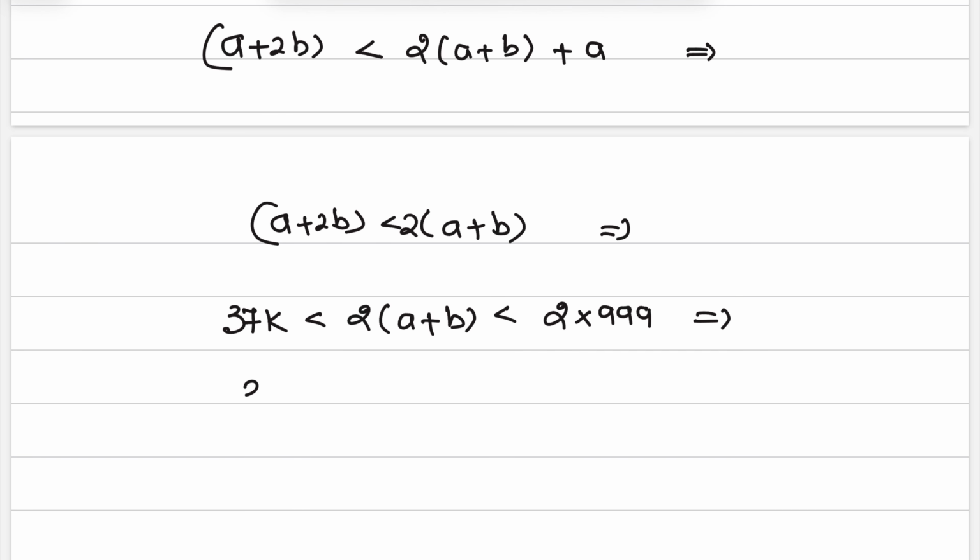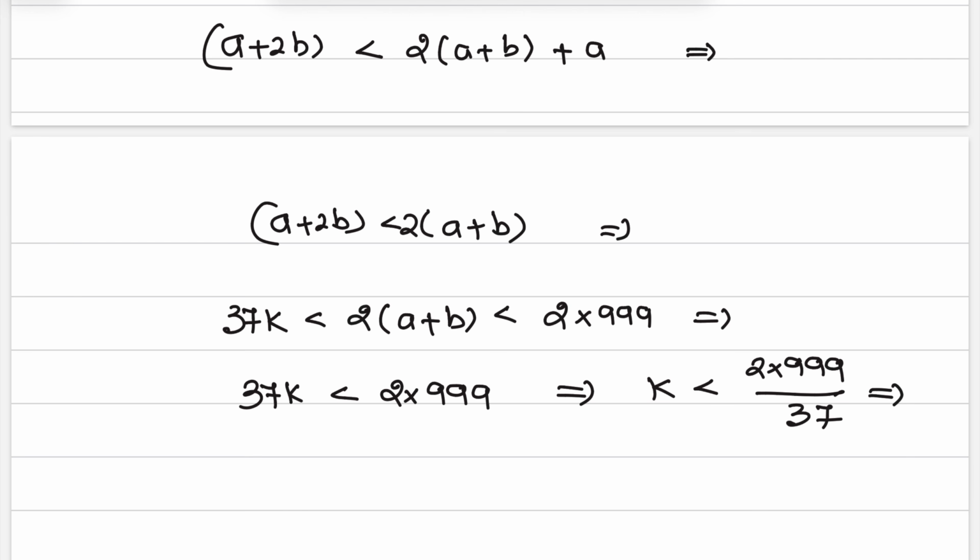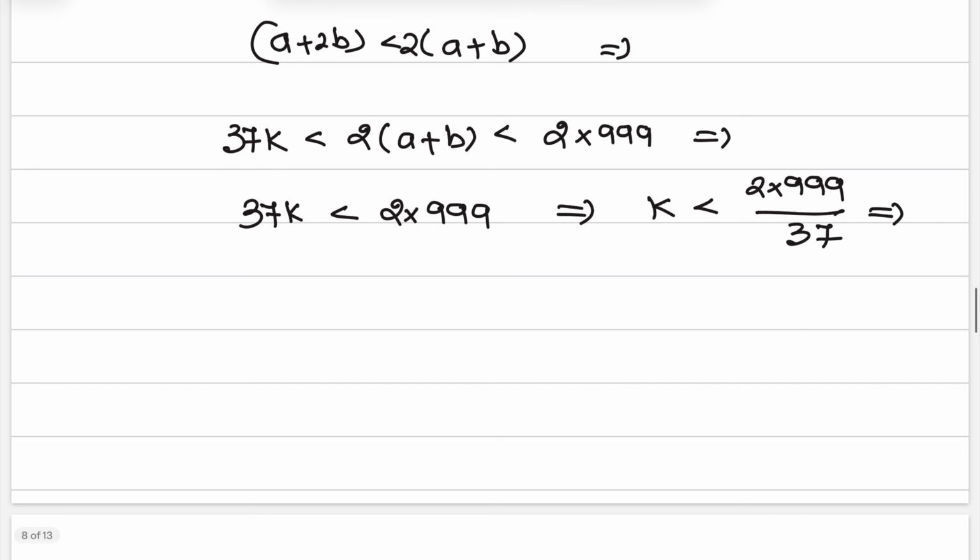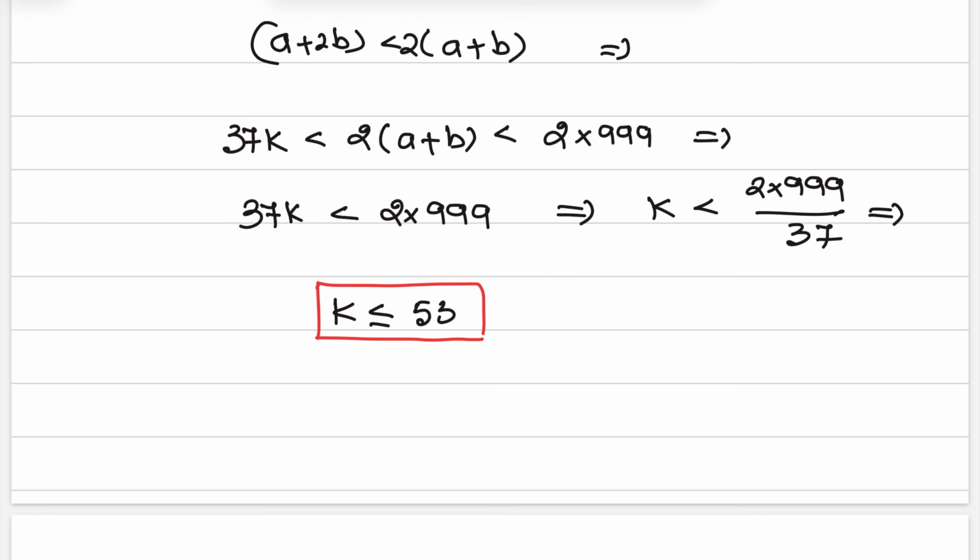That implies 37k is less than 2 into 999. That means k should be less than 2 into 999 by 37. That implies k should be less than or equal to 53 when we talk in terms of the integers.